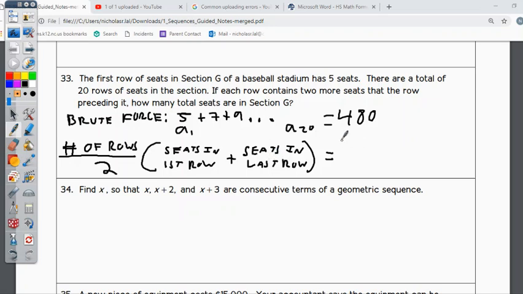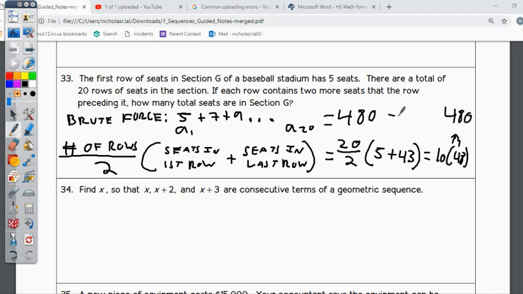So we would have 20 divided by 2 times 5 plus 43. So that would be equal to 10 times 48, which is also equal to 480.